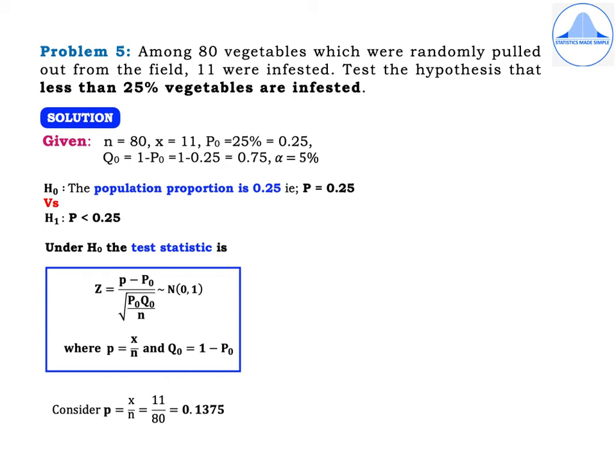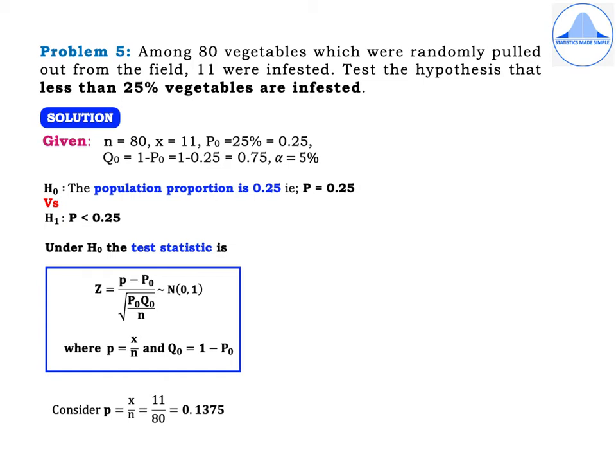Then write H naught, the population proportion is 0.25, that is capital P is equal to 0.25 versus H1, P is less than 0.25. Because in the question itself I have highlighted in bold that less than 25% vegetables are infested. So because of the words less than, here the alternative will be a left-tailed test.